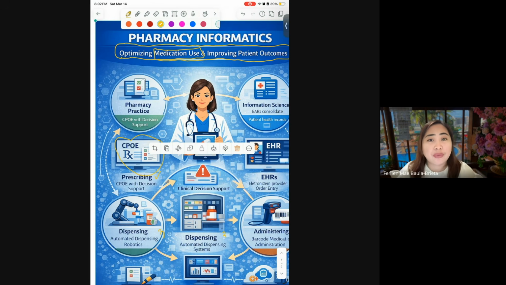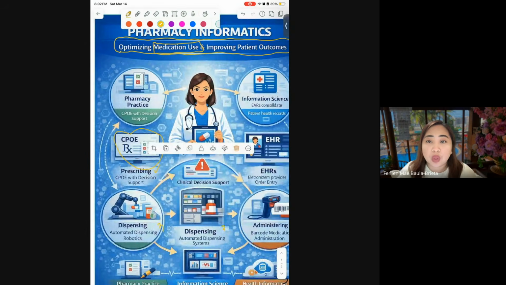As our healthcare becomes increasingly digital, pharmacists must also develop competencies in pharmacy informatics to effectively manage medication-related data. So I hope you are ready as we end our data analytics subject.